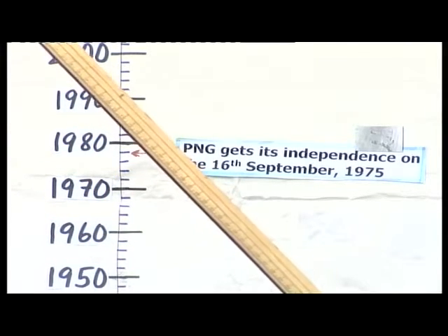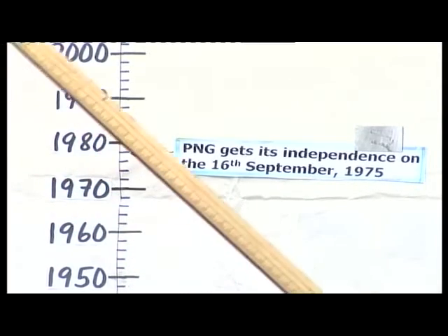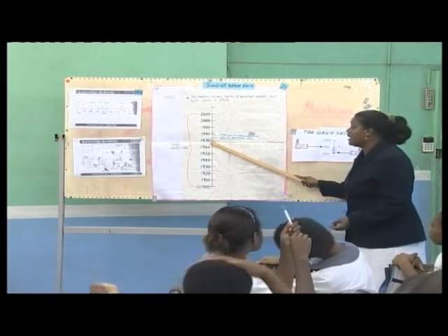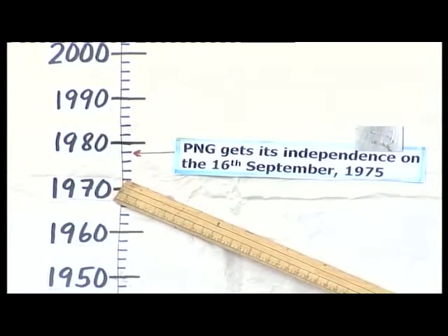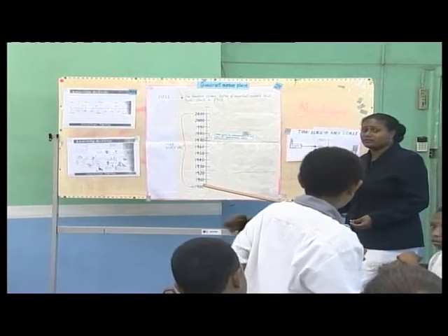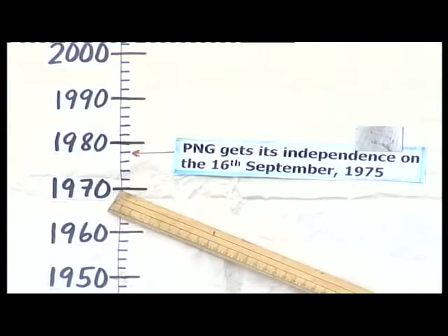We said it was 2 years. So if this is 1970, how many years would this be? Yes, Jason? 1972. Very good.